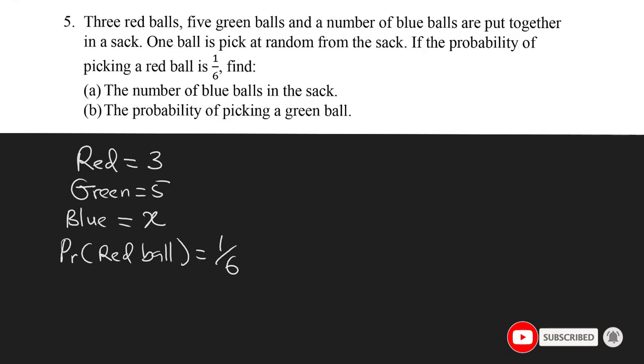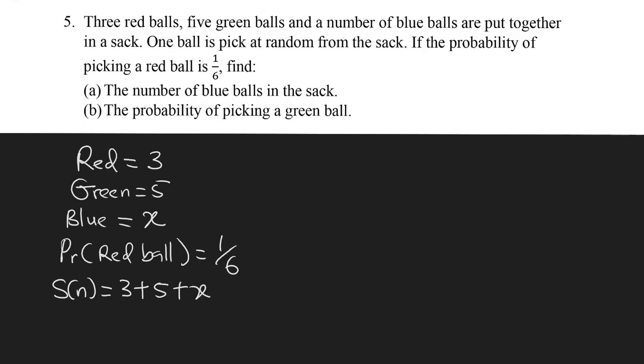So now there's what we call the sum of number space. The sum of number space is the total number of balls in the sack. So our sum of number space, which we always write like this, is equal to the total number of balls, which will be 3 plus 5 plus x, because this will be the total number of balls.